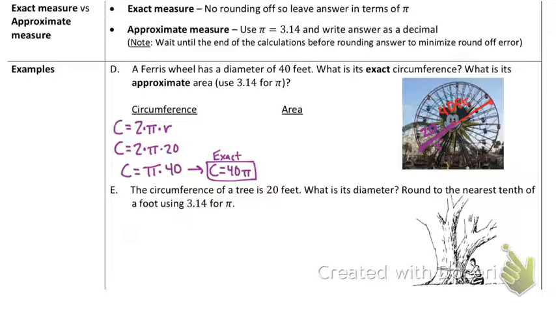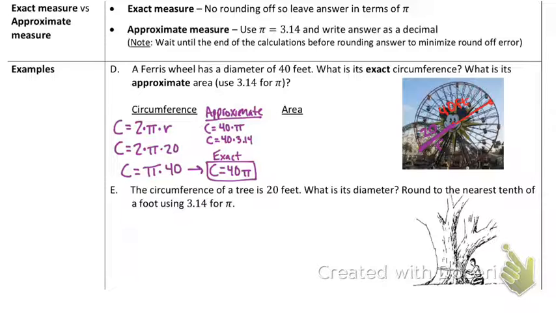Okay? Now, if I wanted to do the approximate, I would take the exact, so 40 times pi, that's my exact, but now I would actually change my pi into its number value, which is 3.14, and I would multiply that out.